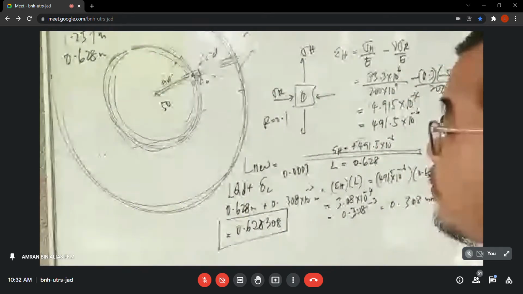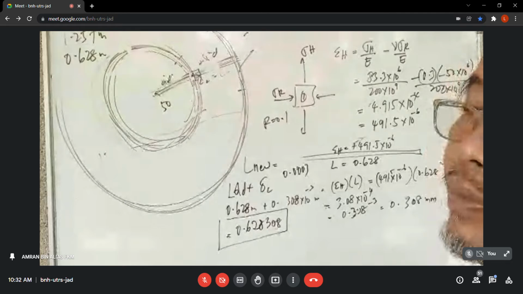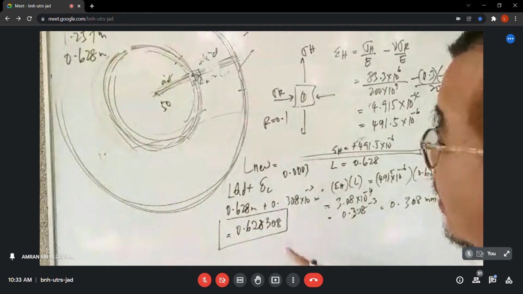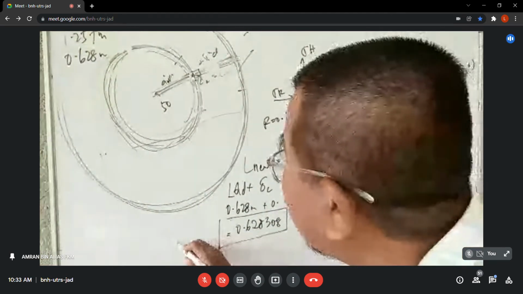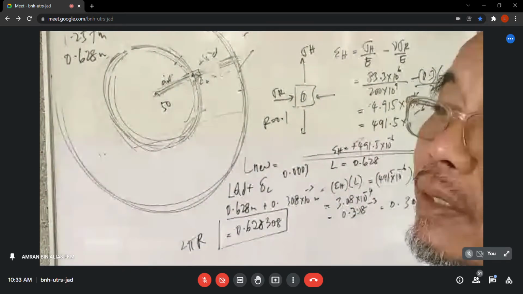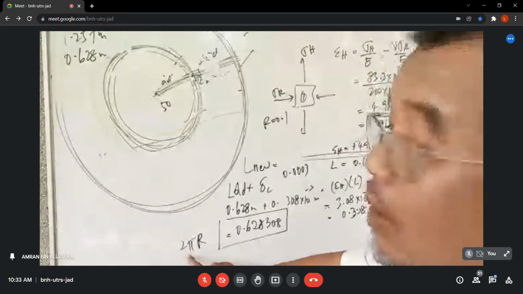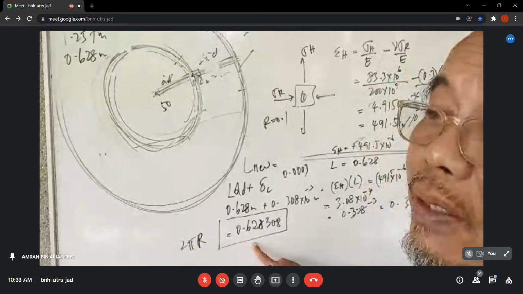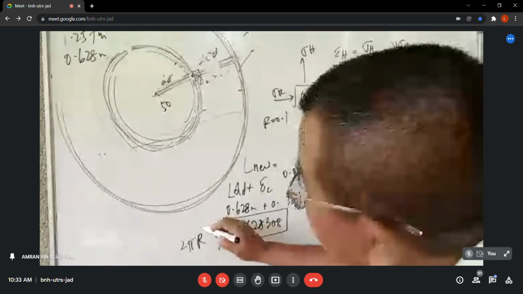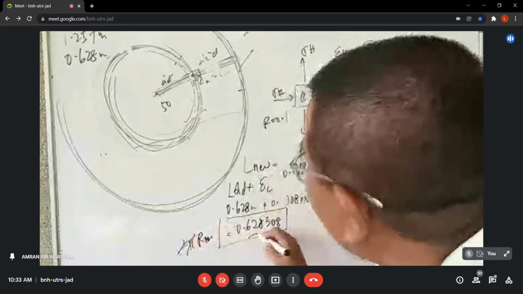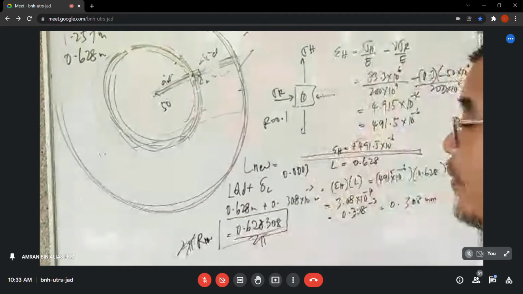How? This must equal 2 pi R, right? So if I want to find R new, just divide by 2 pi.